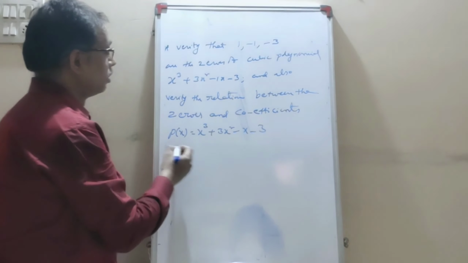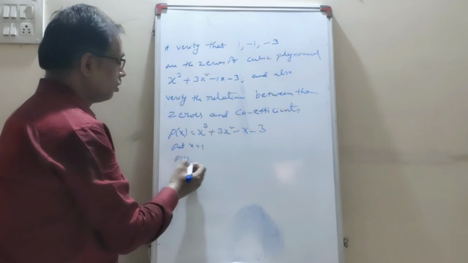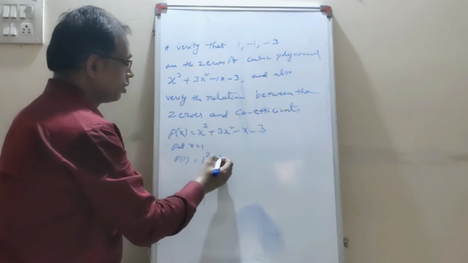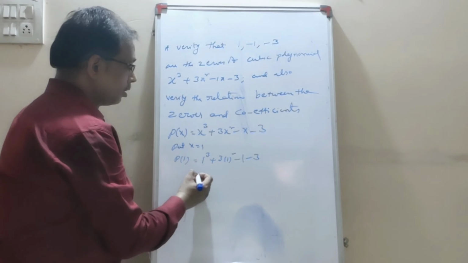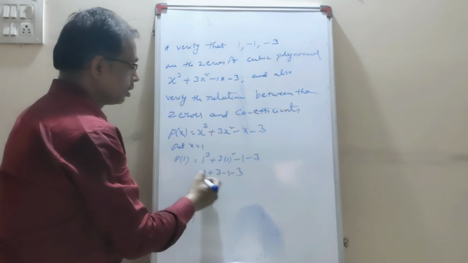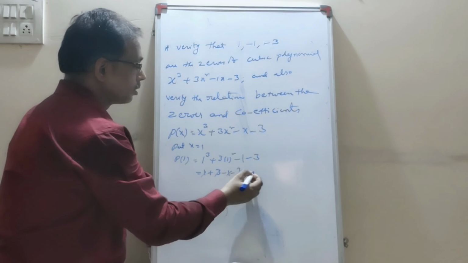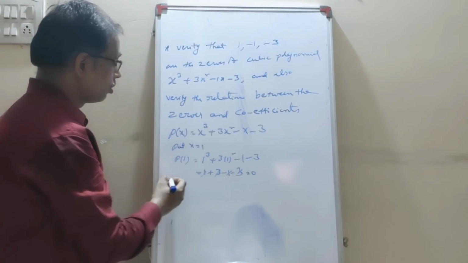minus 3. So put x is equal to 1. It is p of 1. Then 1 cube plus 3 into 1 square minus 1 minus 3. So we can write it as 1 plus 3 minus 1 minus 3, which is 0. So the first one is a zero of the polynomial.